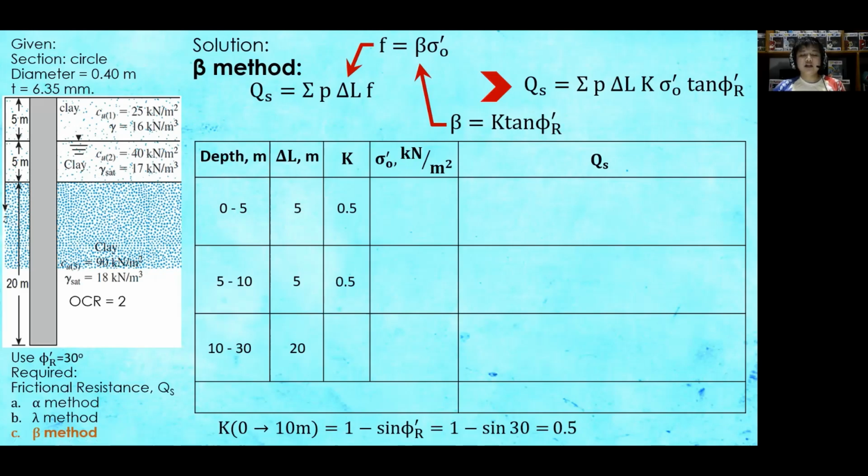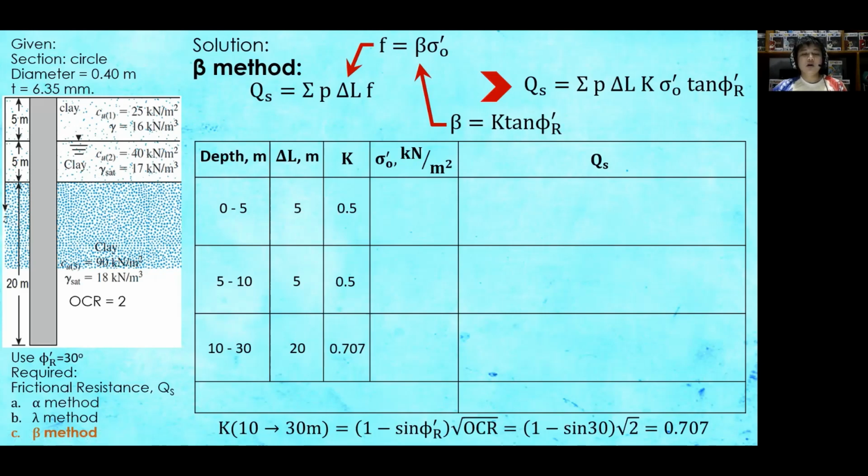For the remaining section under over-consolidated clay, the K for 10 to 30 meters is equal to 1 minus sine of phi prime sub r, that is 30 degrees, multiplied to the square root of OCR, that is 2. Thus, K for this segment is 0.707. So assign this K to the last segment, that is 10 to 30.